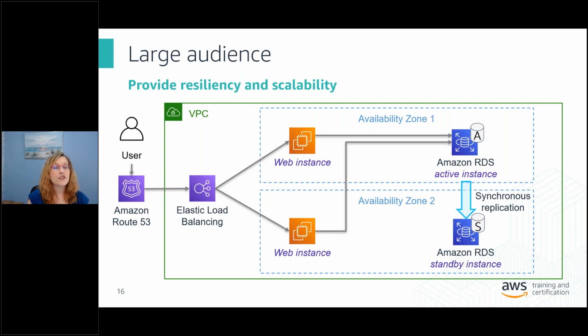So if I were to, for some crazy reason, lose availability zone 1, my standby instance is a duplicate copy of the active RDS instance. Whenever a record is changed in the active RDS instance, it is synchronously replicated down to my standby, meaning that that operation is not marked as complete until my standby instance down here has also recorded that change.